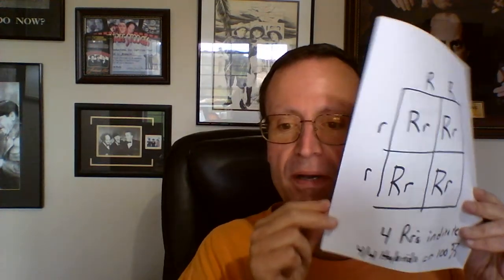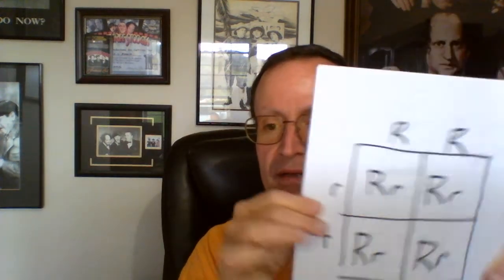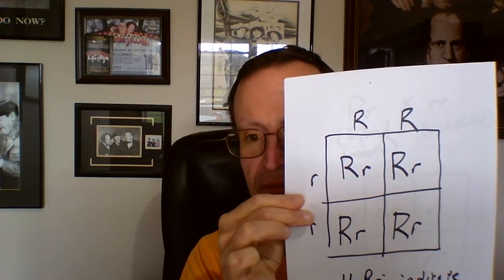Now, the next thing we're going to do is we're going to fill in the Punnett square. And again, I'm sorry, it's a little awkward here working with this camera that I have. But when you go to do this, always take 1 letter from the top and 1 letter from the side. So you're going to take your 2 capital R's, you're going to bring them down, and you're going to put 1 in each of the 4 boxes.